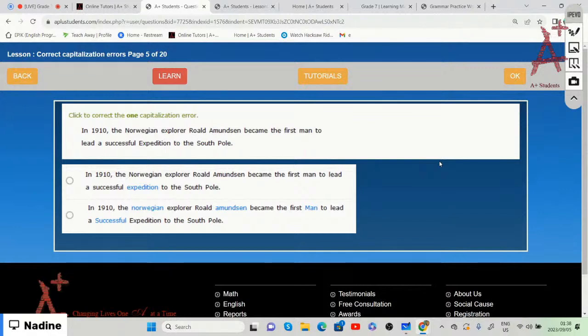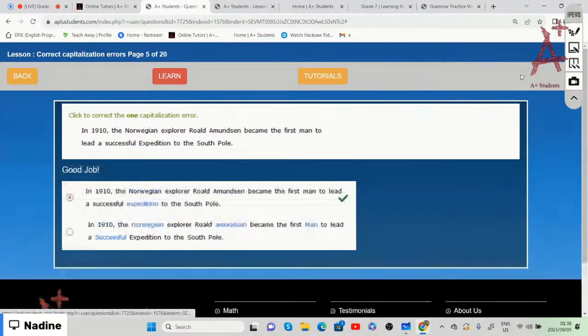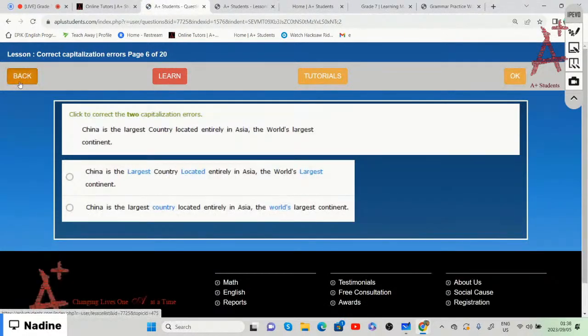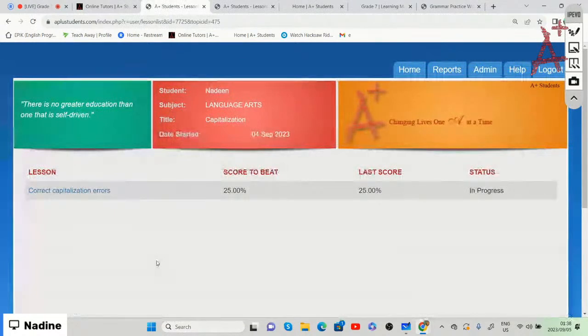And if we choose the correct one, then we're going to choose option one, where we write expedition in lowercase. All right, so that is basically us correcting the capitalization errors. And we see that there are quite a few capitalization errors that a lot of people make, right?